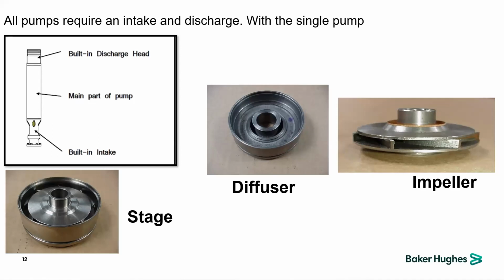So each impeller and diffuser combine together to form one stage, and each stage is connected to the rest of the stages and stacked together inside one housing along the shaft in order to form one pump section.